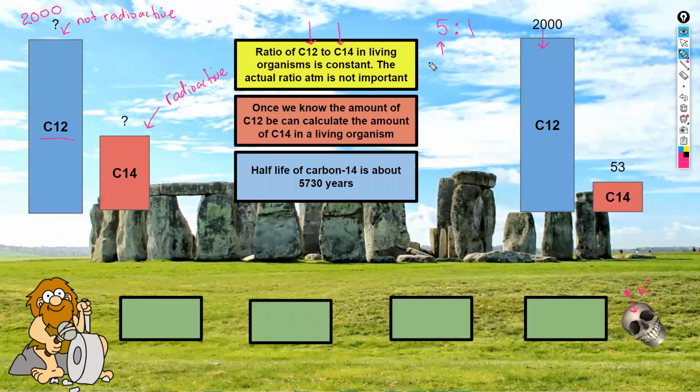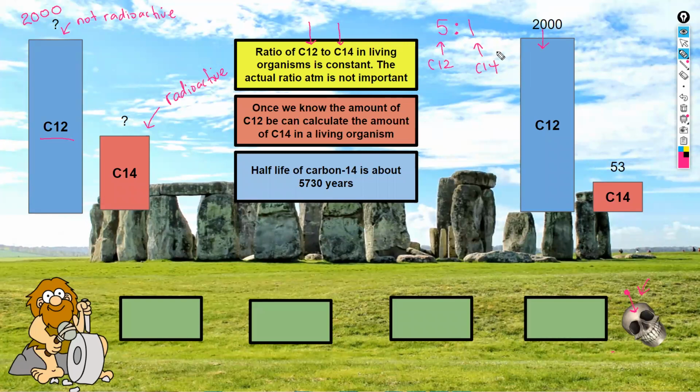The 5 is for the carbon 12, the 1 is for the carbon 14, which means that in any living organism, for our made-up example, the amount of carbon 14, the radioactive one, will always be 5 times less because it's 5-to-1. So we're going to assume the ratio is 5-to-1.